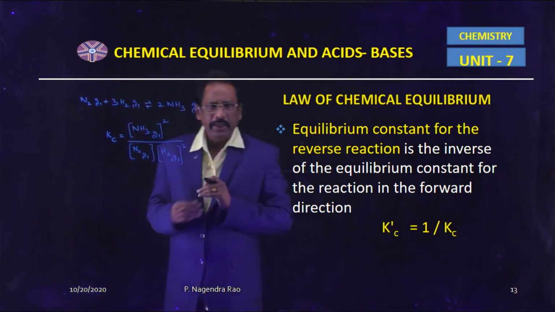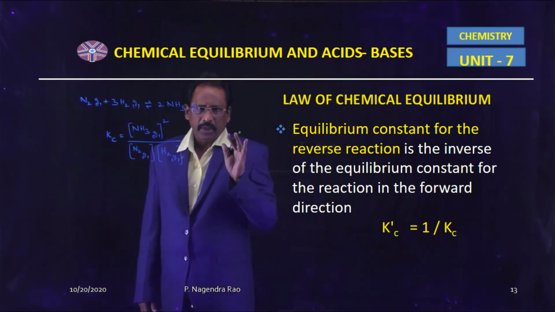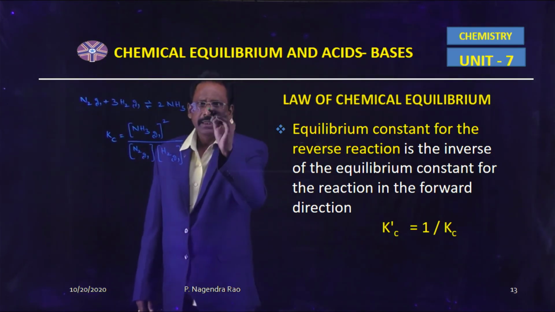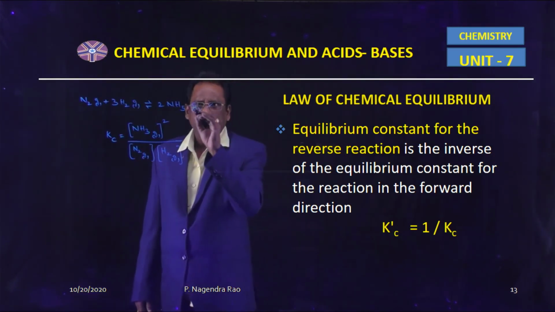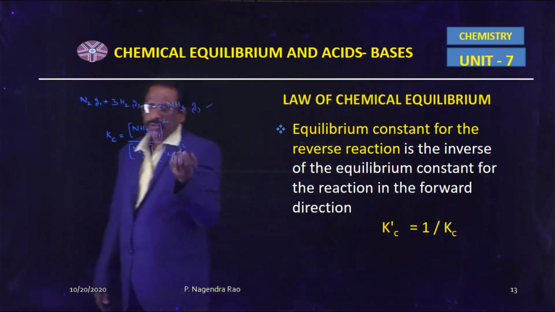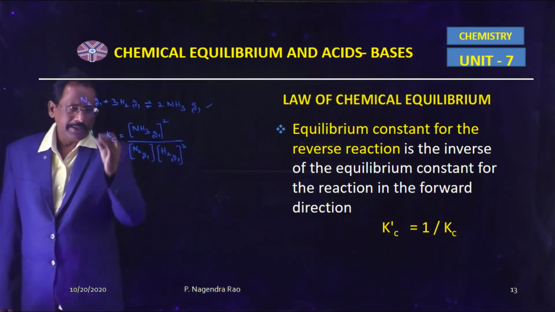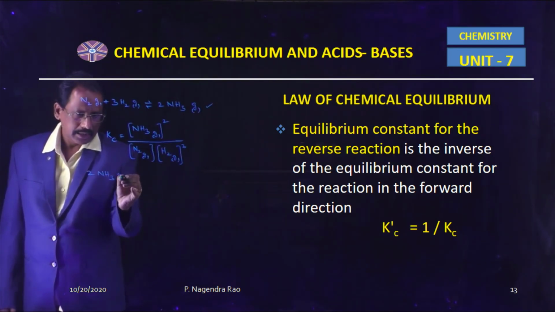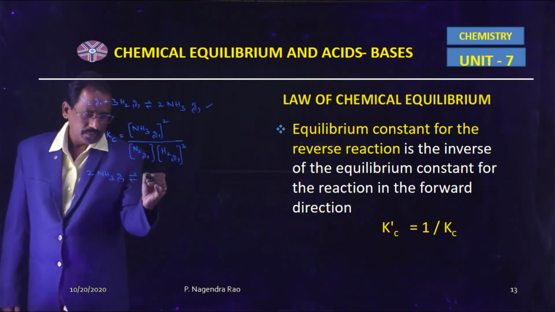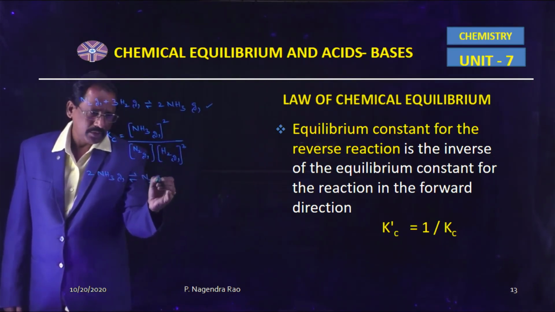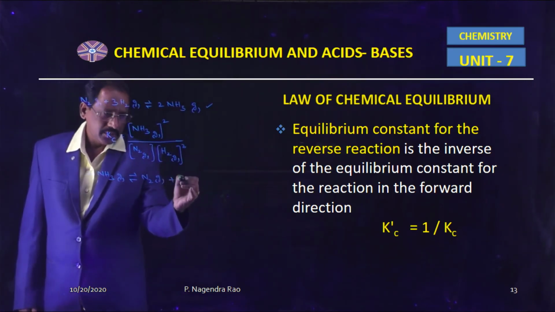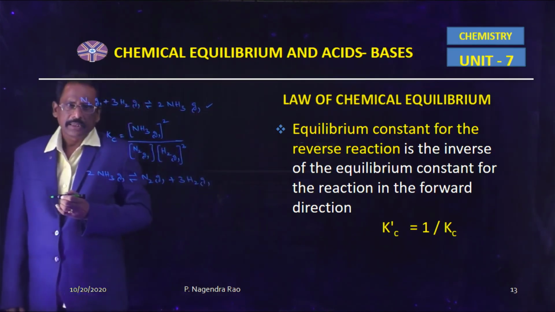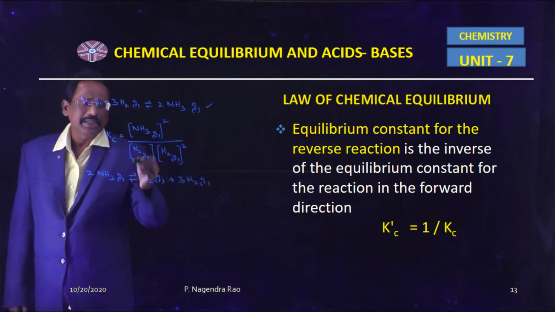Now here the point is, what is the equilibrium constant value for the reverse reaction? Here this one indicates the formation of ammonia. Now the reverse reaction means decomposition of ammonia, when 2 moles of ammonia decompose into 1 mole of nitrogen gas and 3 moles of hydrogen gas. So this is the meaning of the reverse reaction.